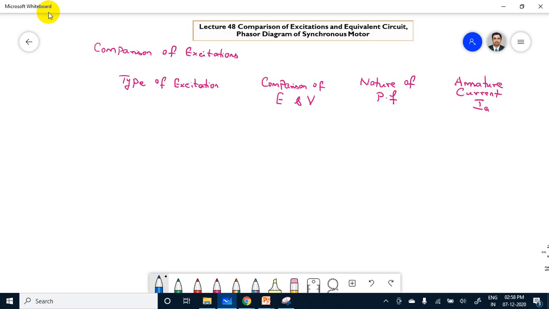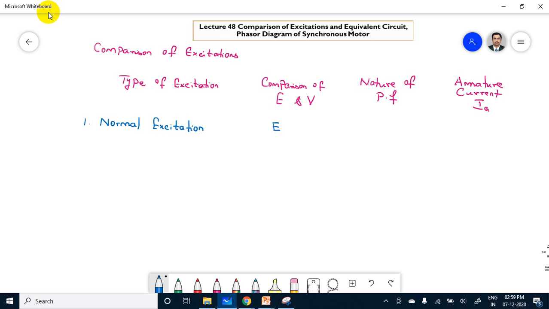Generally the types will be classified into four types of excitation. The first one is normal excitation. In normal excitation, what is the relation between E and V?